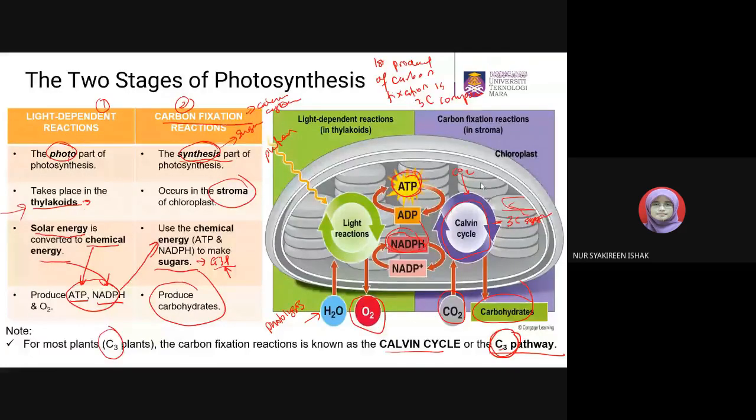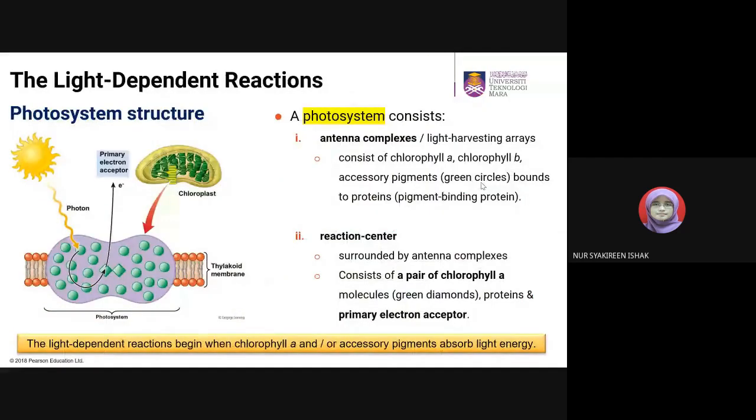Okay. So kita tengok stage yang pertama, which is light dependent reactions. So the most important component for light dependent reactions is the photosystem. Okay, so there are two types of photosystem, photosystem 1 and also photosystem 2.